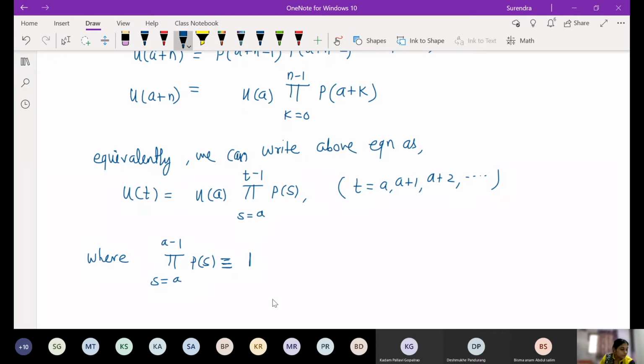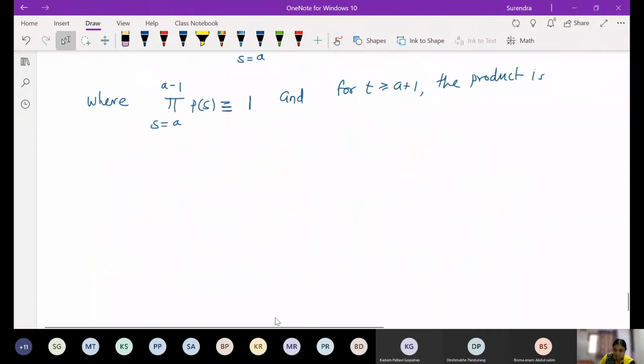And this is for t greater than or equal to a plus 1, the product is taken over a plus 1 up to t minus 1.